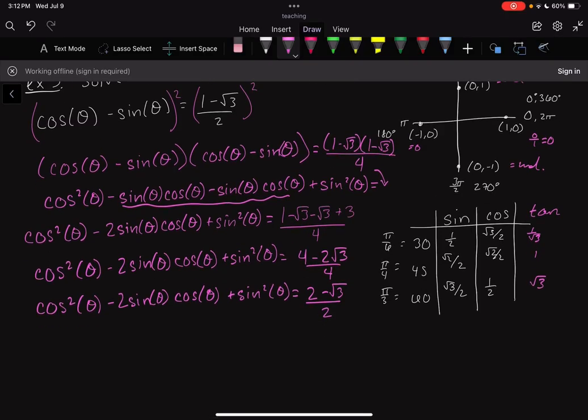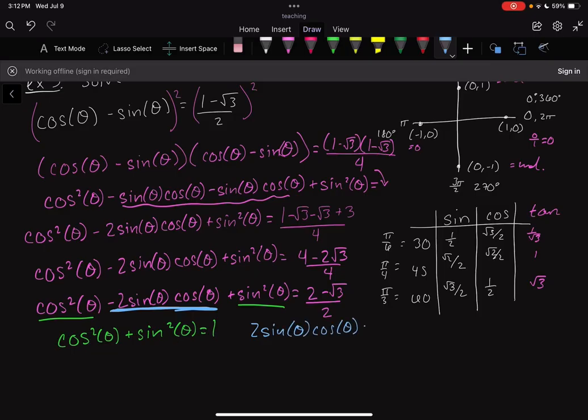Now I'll use some identities. I do see cosine squared plus sine squared. That identity tells me that it equals 1, so that's just going to become 1. I can also replace this 2 sine theta cosine theta, because 2 sine theta cosine theta is equal to sine 2 theta.